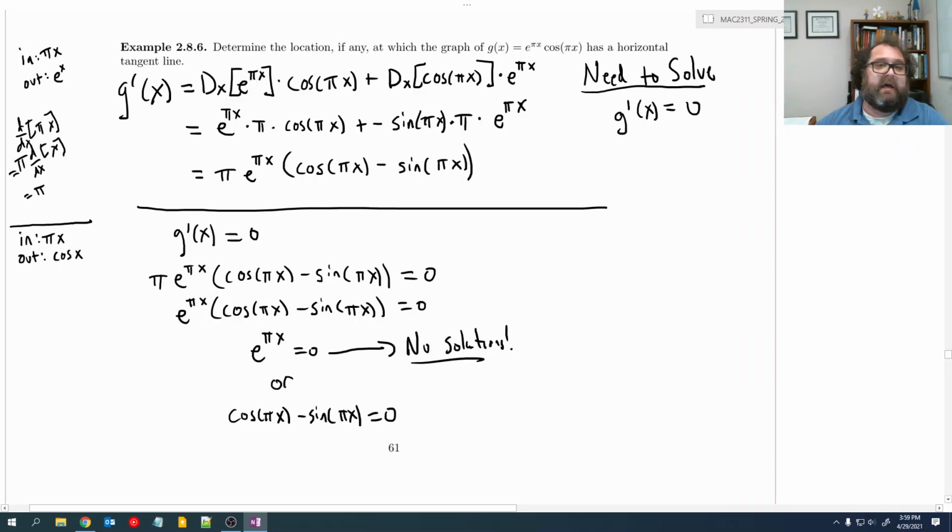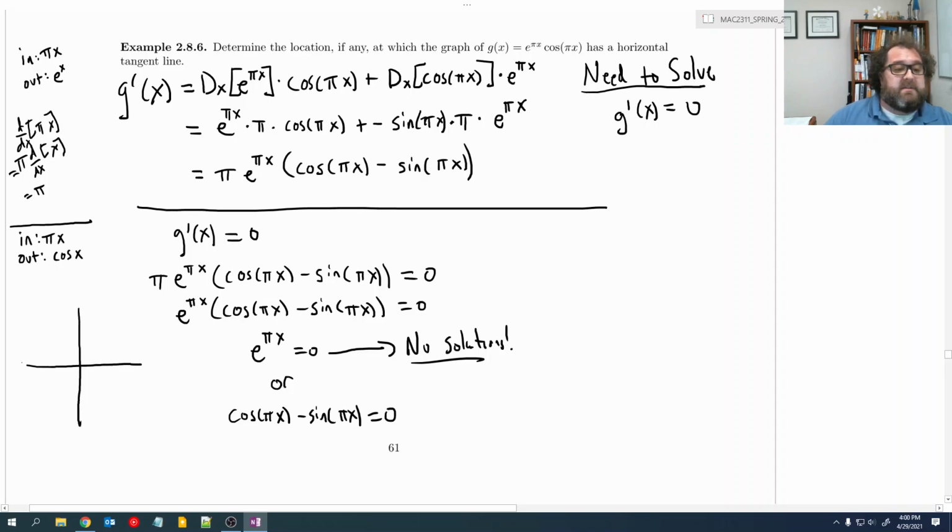What does that graph look like, and what are we actually trying to solve for when you're setting a function equal to 0? What you're finding is the x-intercepts. So we can ask ourselves, what are the x-intercepts of that function? But if you know the graph of that function, then you know there are none.